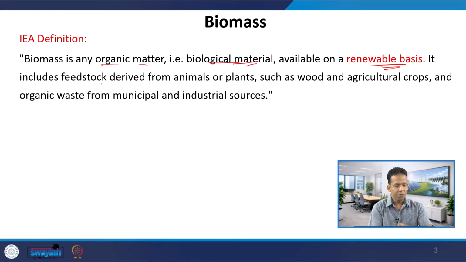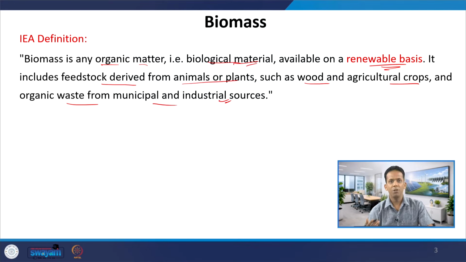So, it includes feedstock derived from animals or plants such as wood, agricultural crops, and organic waste from municipal and industrial sources. There are many things which come from municipal solid waste or industrial waste which are of biological origin. So, they are also classified as biomass. Industries, for example, rice mill, sugar mill, okay.